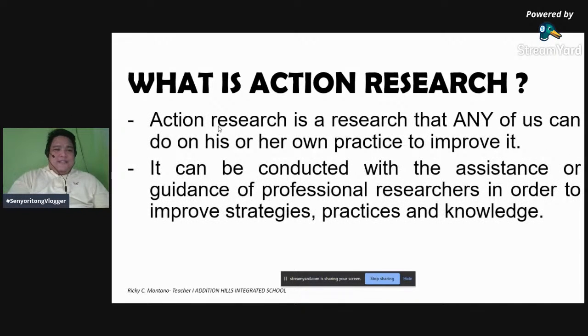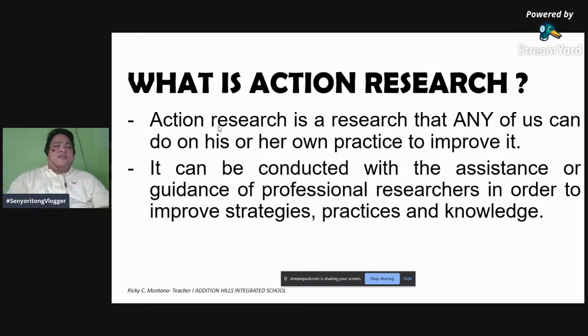Next, what is action research? The next definition is that action research is research that any of us can do on our own practice to improve it. Like what I said a minute ago, when you want to improve your teaching strategies, especially as a teacher, or your program, you want to find ways to improve or whether it is effective or not.